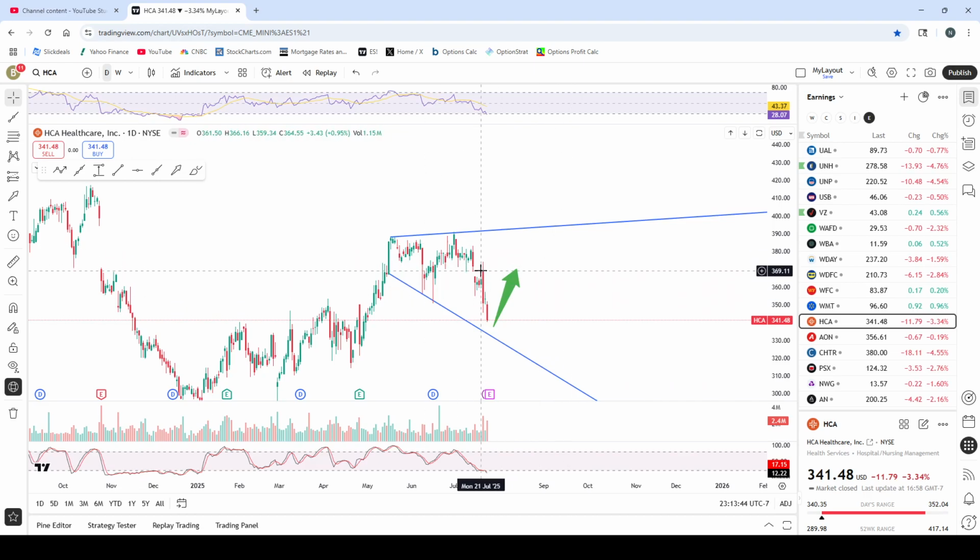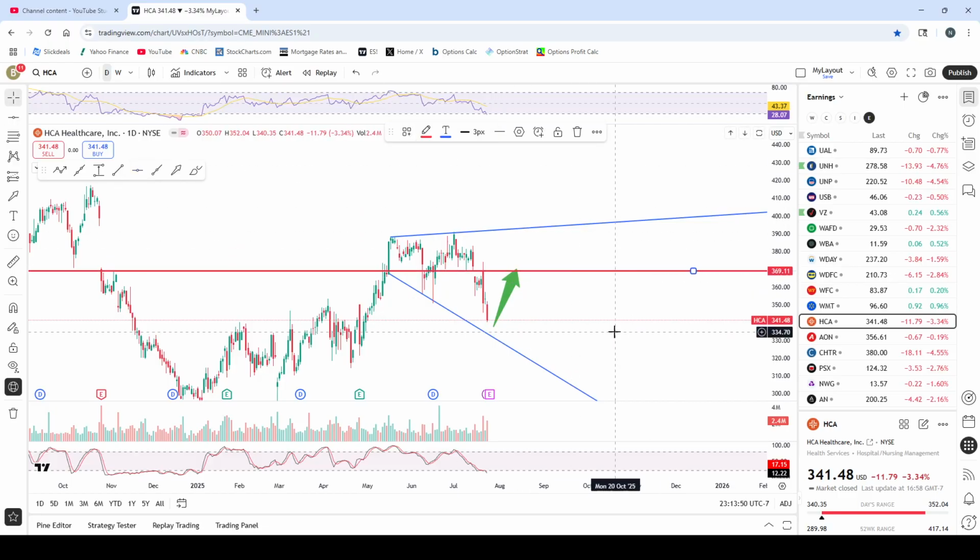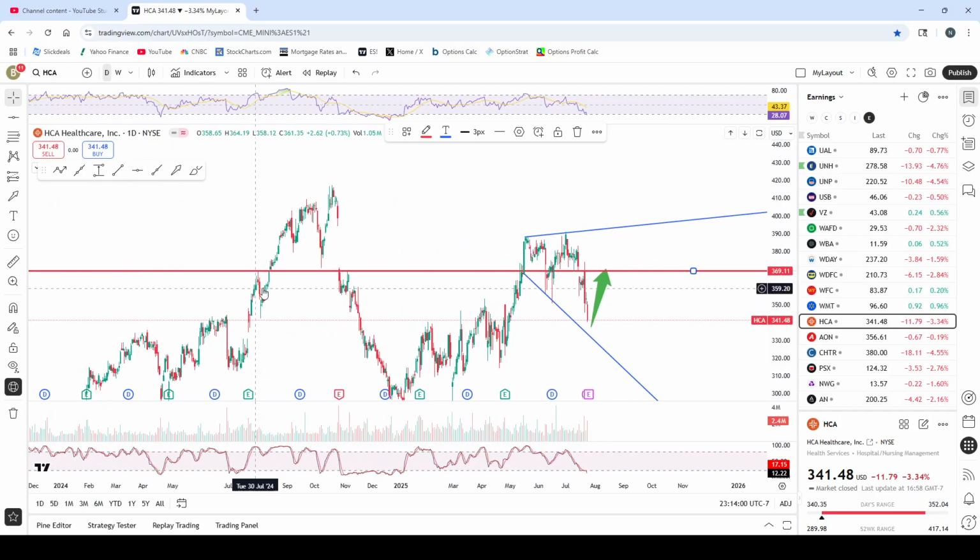Why? I choose the top of this, and if I draw a line, you can see it goes over here, touching these. This is the top of these candles, and this is the top of this candle as well. Go over here more, and then another top.